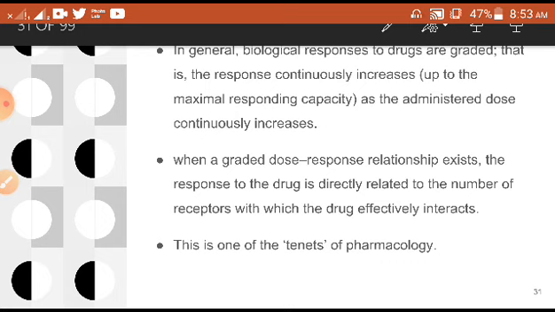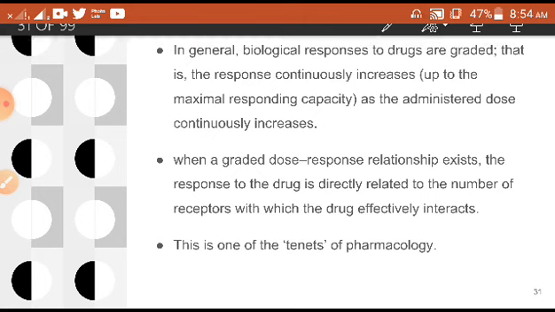Then you gave 0.3, you got the next 30, 35. Like that, the receptor occupation is increasing, and in the same way your response is also increasing. This is one of the rules or the beliefs or the concepts behind pharmacology.